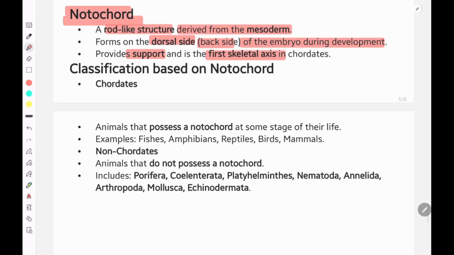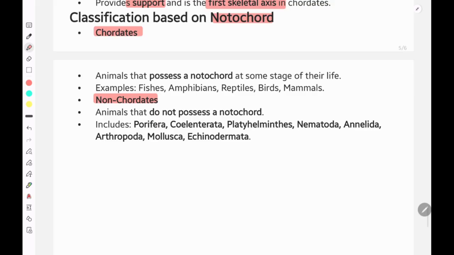Classification is based on the notochord. They are chordates and non-chordates. The chordates are the animals which possess notochord at some stage of their life.